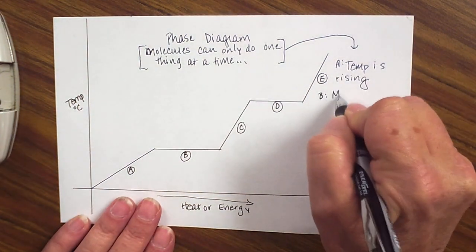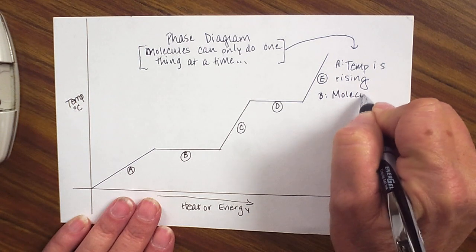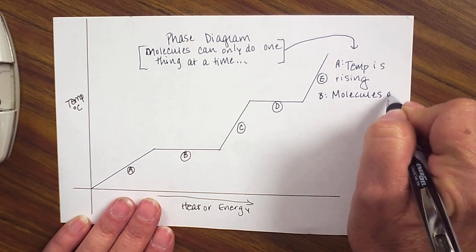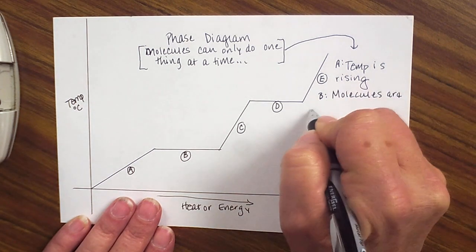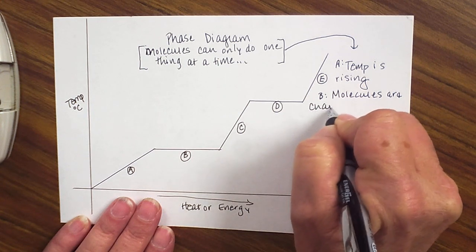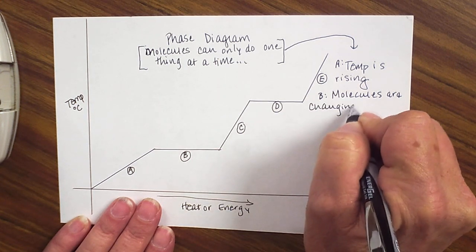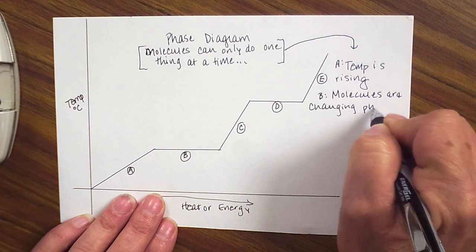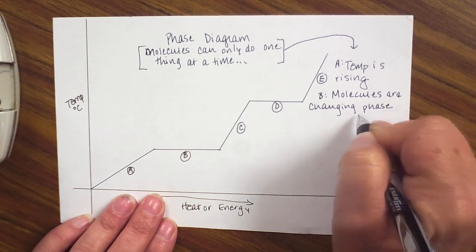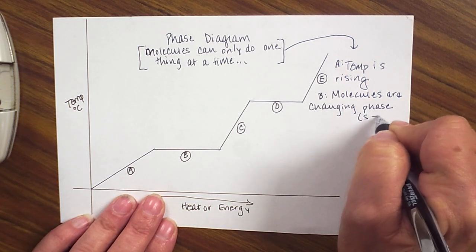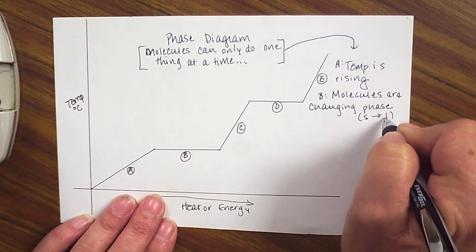At B, the molecules are changing phase. And that's what's happening. In this case, they're changing from solid to liquid.